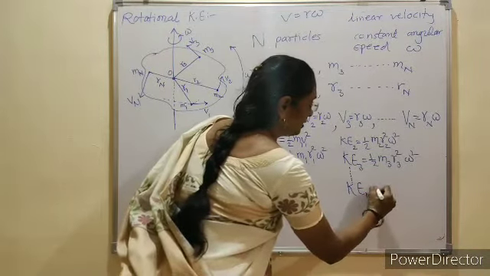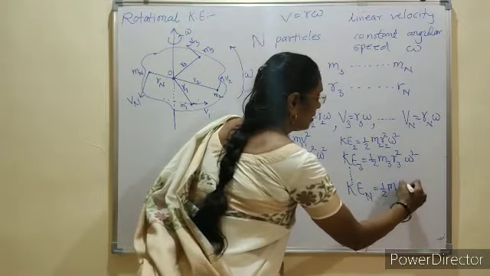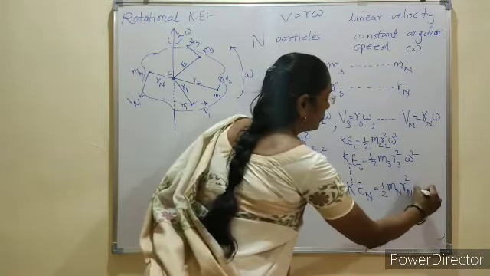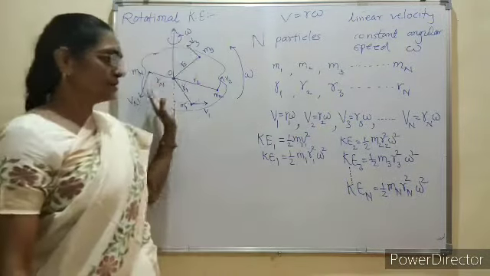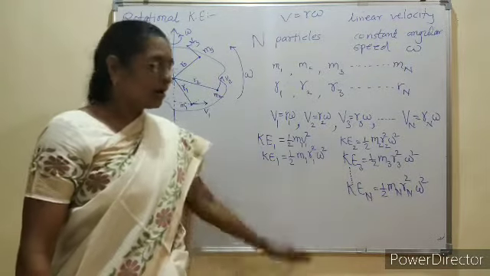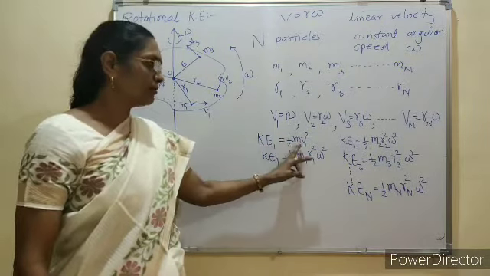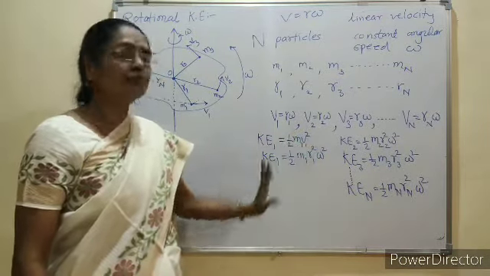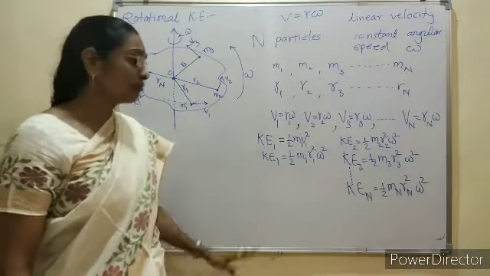For the nth particle it is half mn rn square omega square. So for all particles the kinetic energies are given by our usual relation, half m v square. So this is the translational kinetic energy.